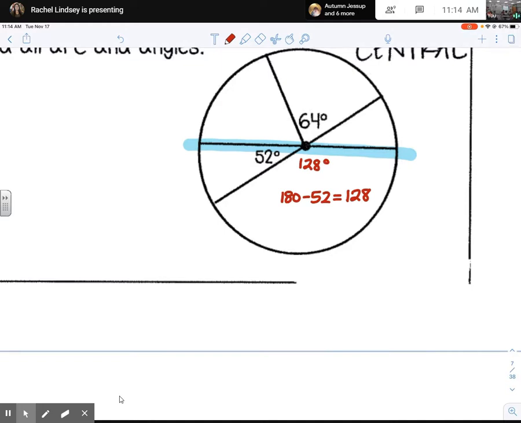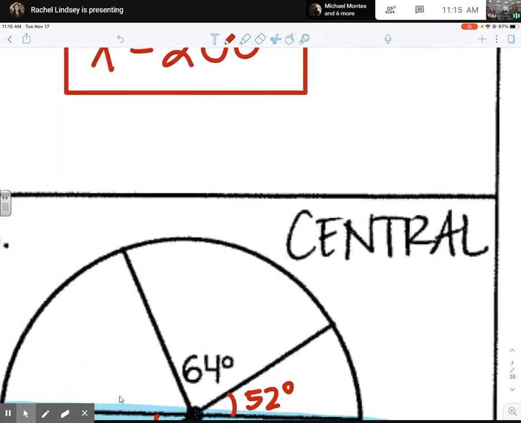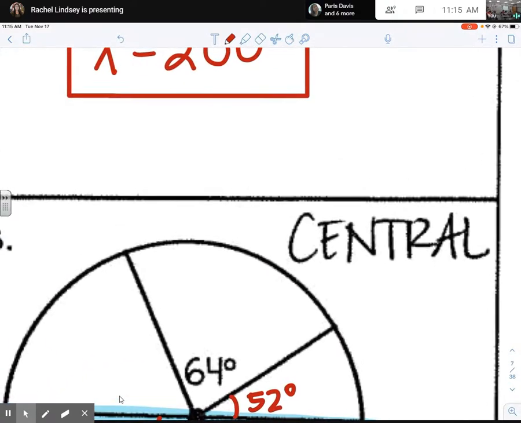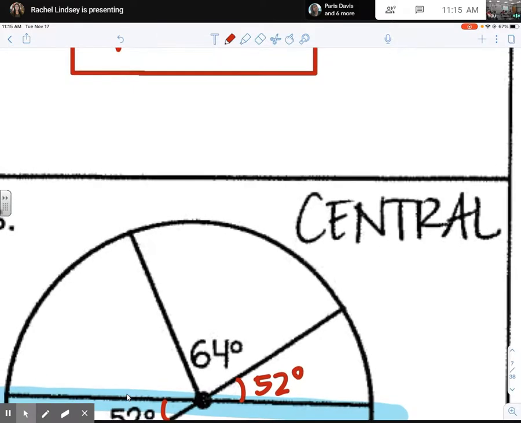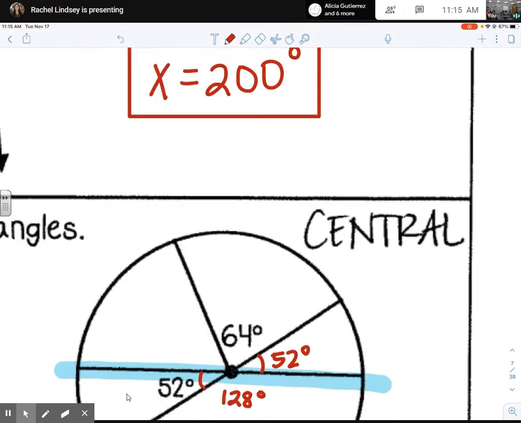Now, we also know something about when 2 lines meet at a bow tie, their vertical angles. So if this angle is 52, this angle is 52. And if that angle right there is 64, this one is 64 because they're congruent. Now, how can I find the rest of the top of that semicircle? 180 minus 64 minus 52.